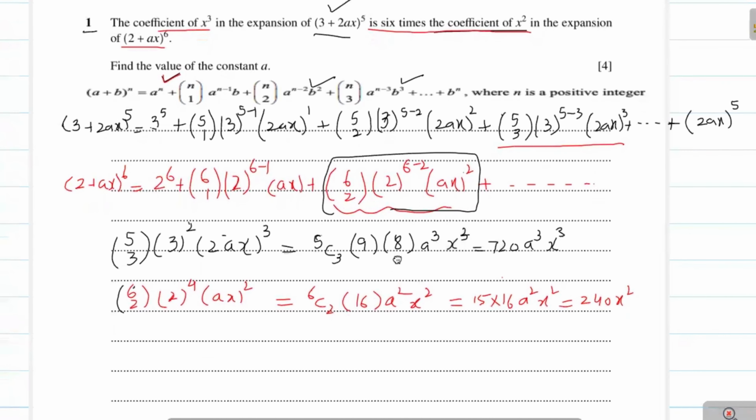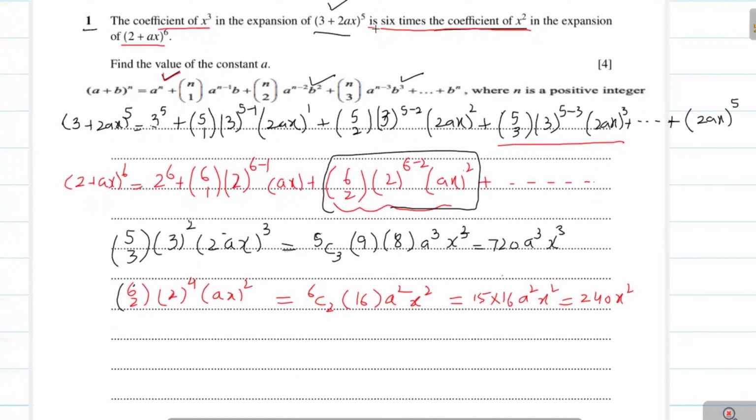Now you see here the coefficient of x cube is 6 times the coefficient of x square. This is the coefficient of x square and this is the coefficient of x cube. Therefore, we write 720 a cube equal to 6 times the coefficient of x square, which is 240 a square.